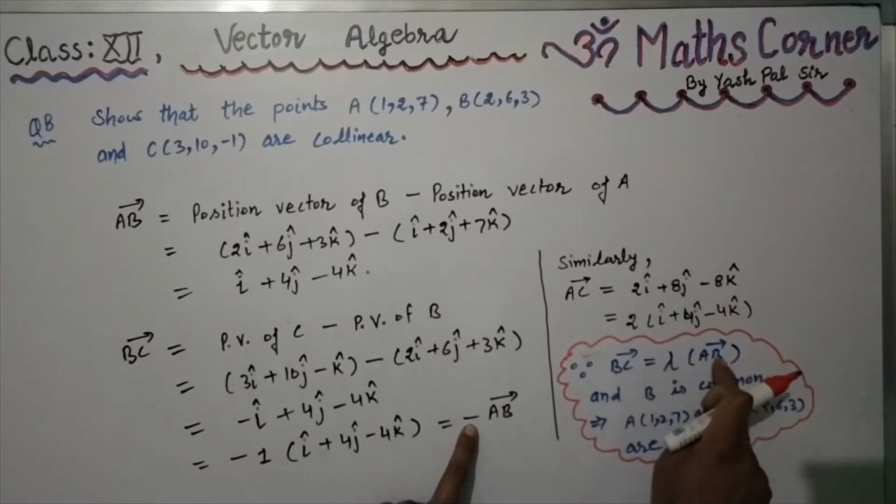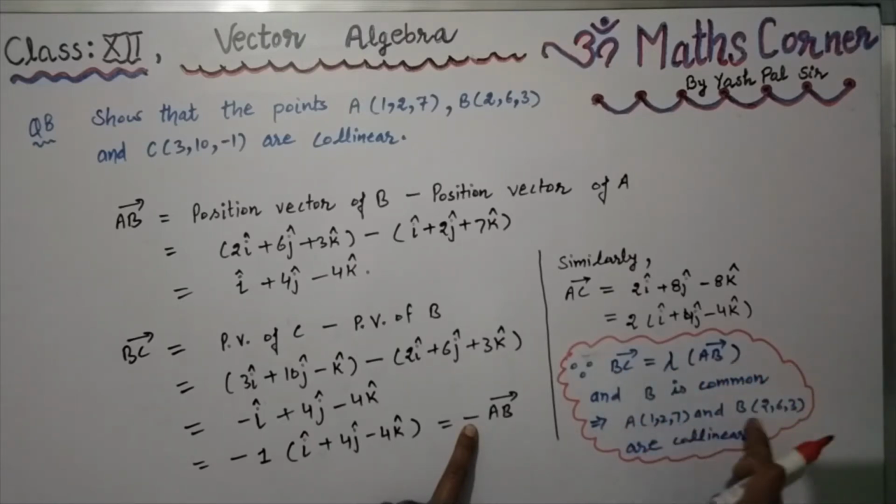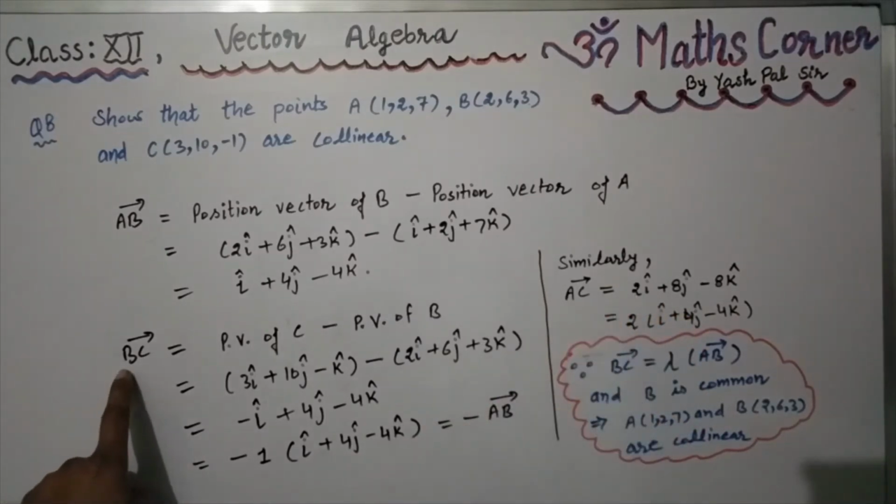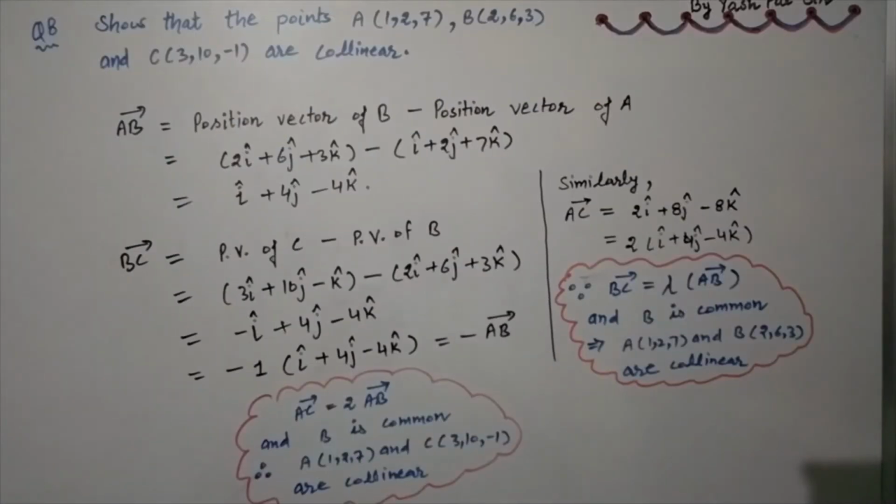So what we say, lambda here the value is minus 1 and B is common. So these two points A and B are collinear.